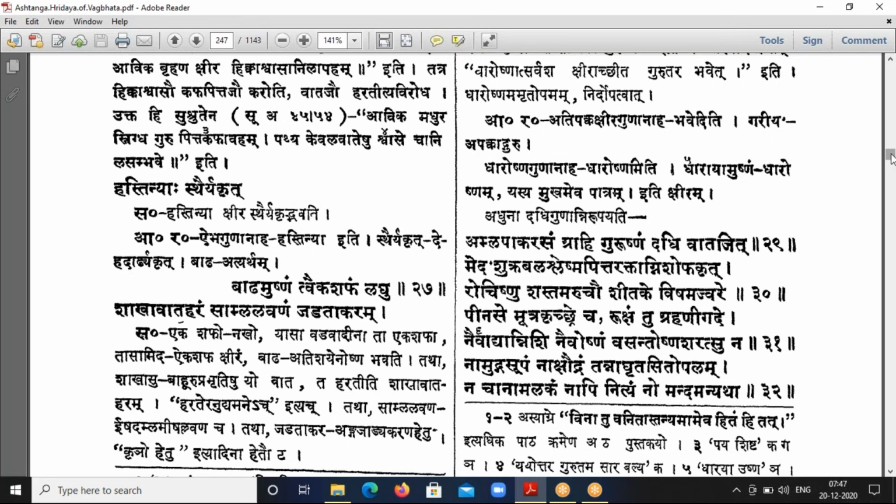Aiga Shabham, having that single hoof. Such animals. And here horse is an example of that Aiga Shabham. Kshiram. So it is about the milk of horse.